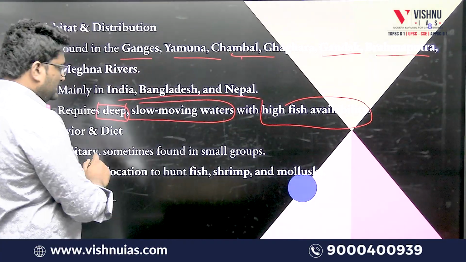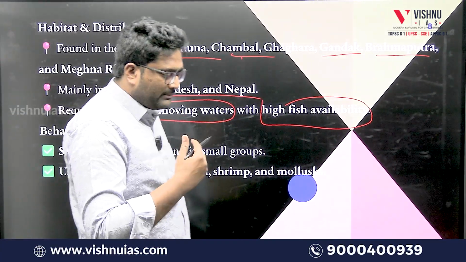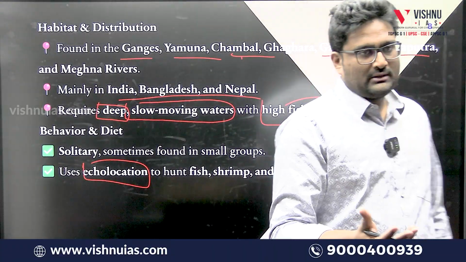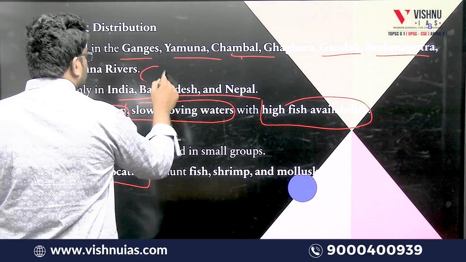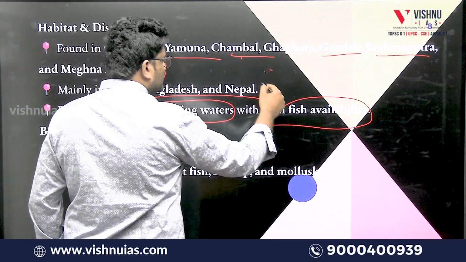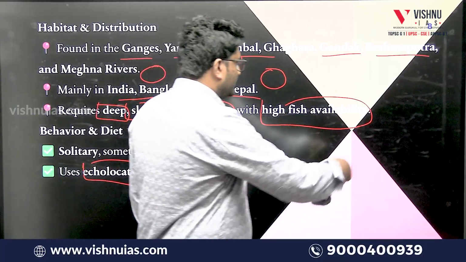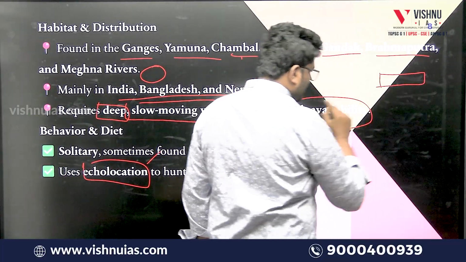Generally the Ganges dolphin is a blind dolphin, it can't see. It uses echolocation. Echolocation means it gives out some sound. Suppose this is a dolphin and there is a fish here.